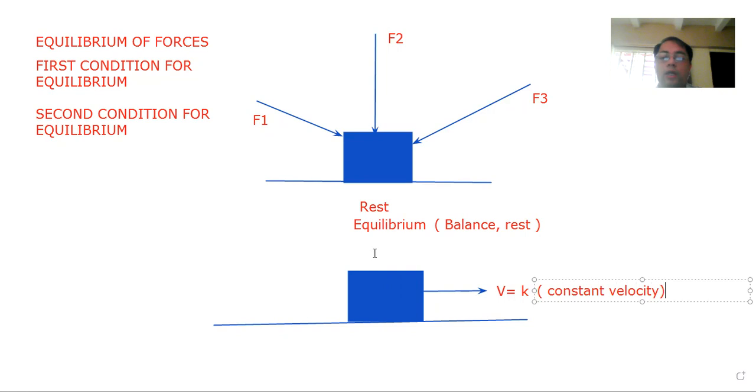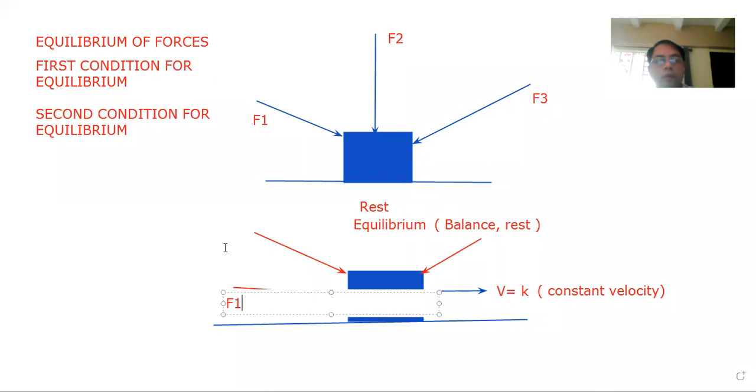Now, when a body is moving with constant velocity, still, forces are acting on the body. Despite the forces on the body, maybe again F1, F2, and F3, our body still moves with the same speed.